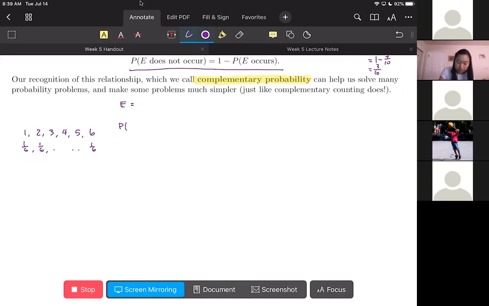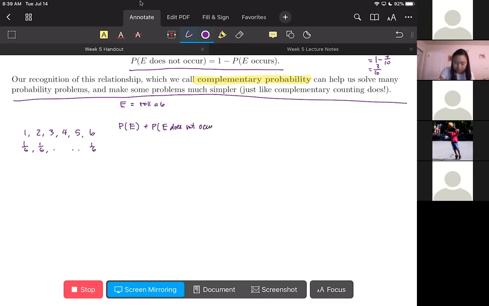So the event is we roll a 6. Then the probability that we roll a 6 plus the probability that we don't roll a 6 is 1. And what that really means is probability of rolling a 6 plus probability of rolling not a 6 is 1.